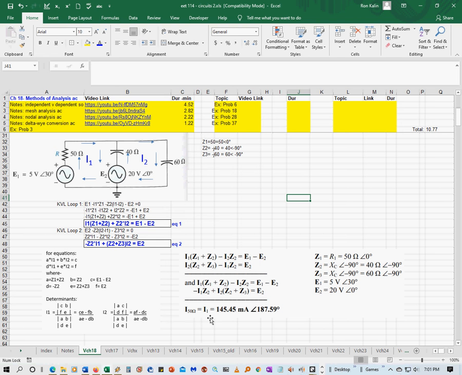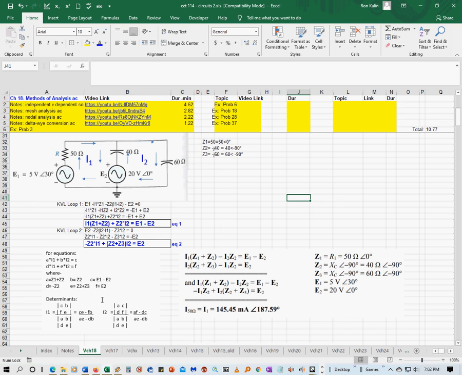The answer that they gave for I1 is the current through the 50 ohm resistor. They called it I 50 ohm, 145.45 milliamps, angle of 187.59 degrees. So remember, all these numbers are complex numbers.